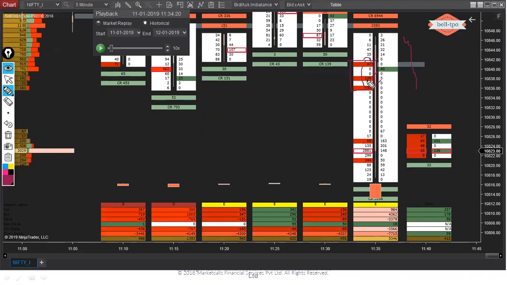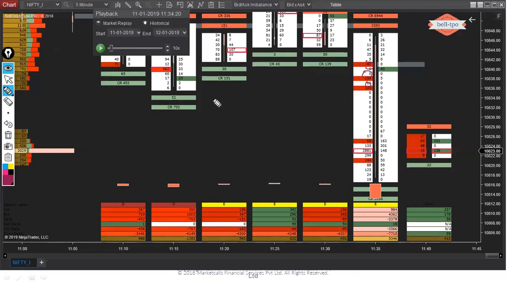And when they are pushing hard and the price reaches the day level, this is the previous day's low, exactly 10,835 levels. When the sellers are pushing down below the previous day low really hard, that is why you are seeing a lot of red color blocks over here below the previous day low.